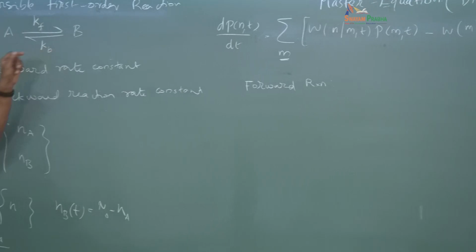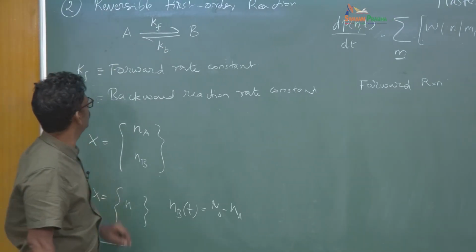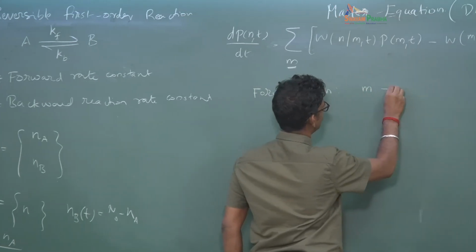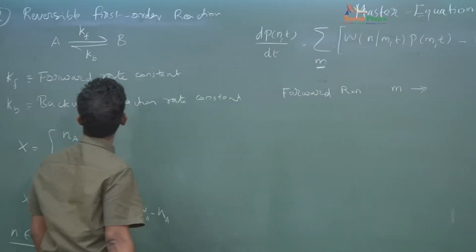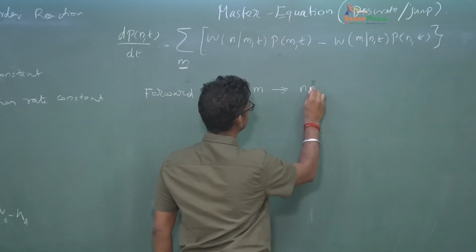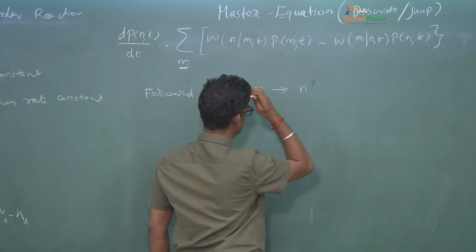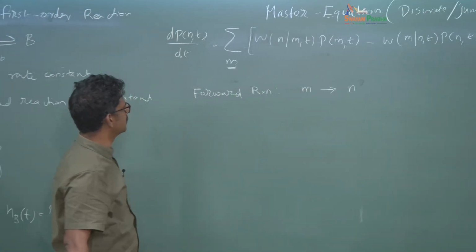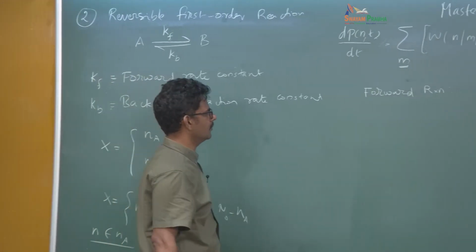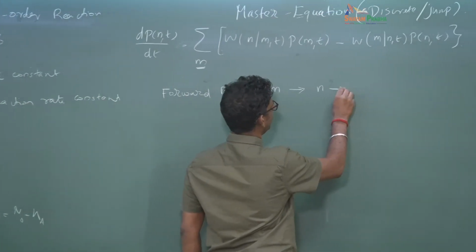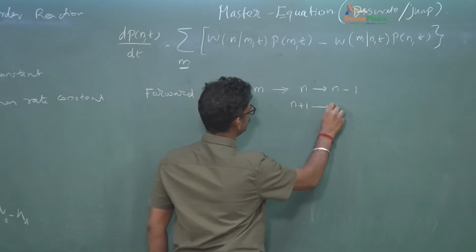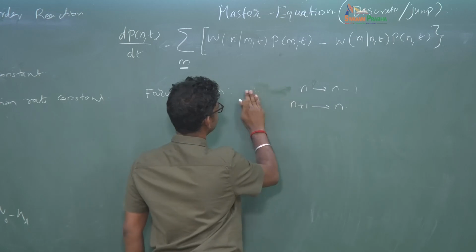In the forward reaction, forward reaction can only take it from n to n minus 1 or n plus 1 to n. Okay, so these are the possibilities.